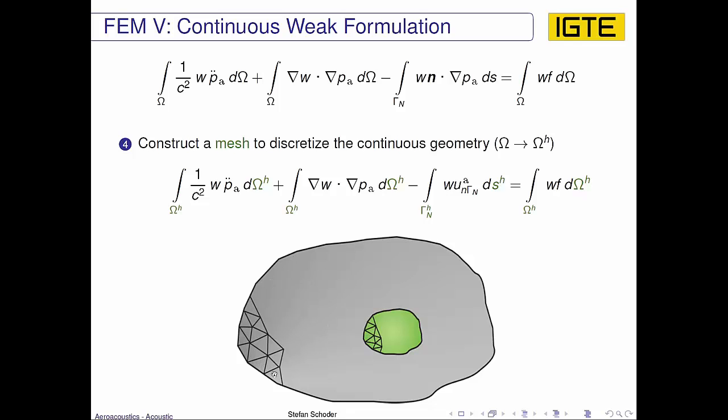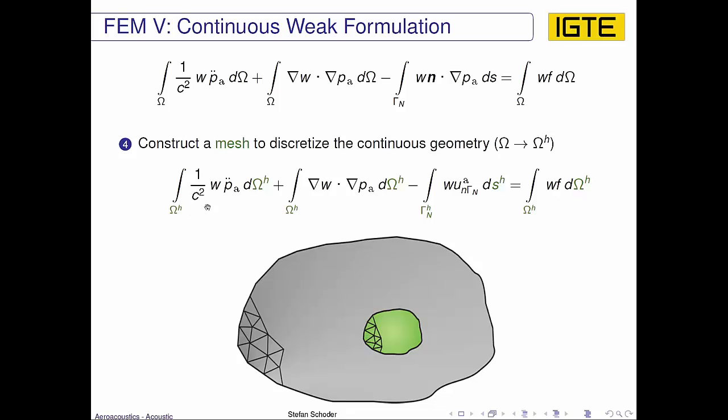Now we discretize the continuous space into elements, so into a mesh, and here we discretize the domain. So the domain is more or less chopped up into elements, which are not elements in the finite element sense, but just some spaces where we then in the next steps calculate on.